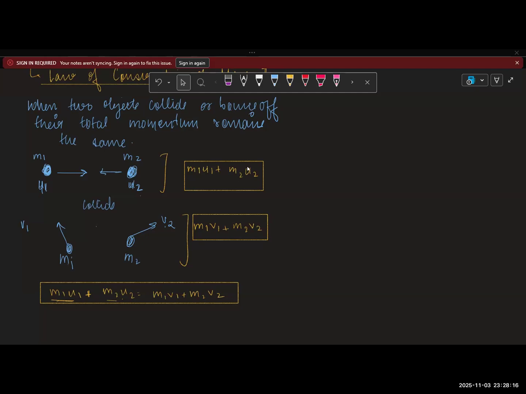It's just the law of conservation of momentum. Okay. Noted? Yeah.